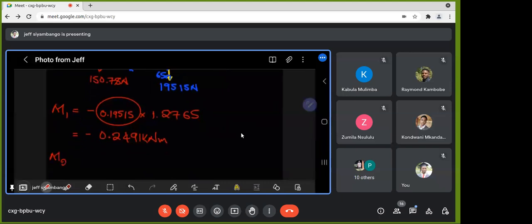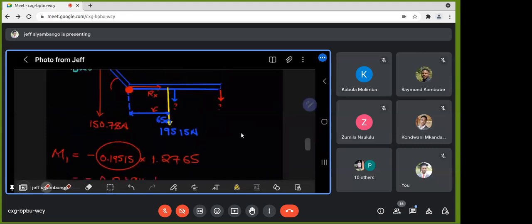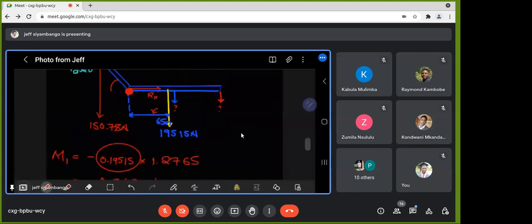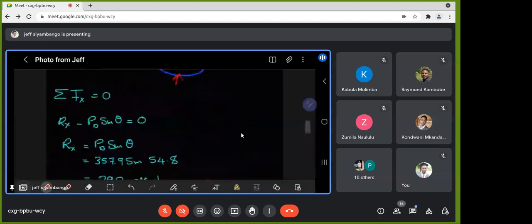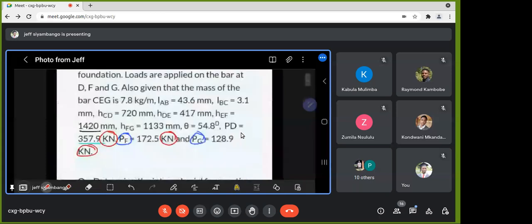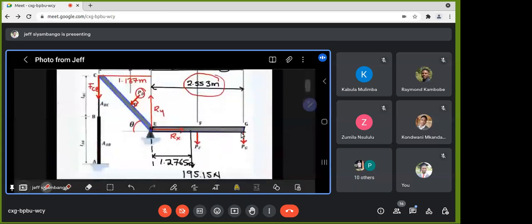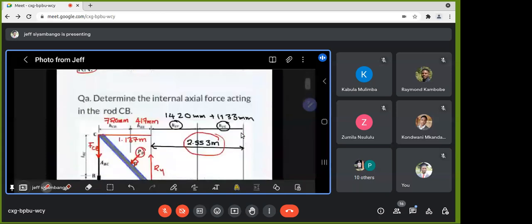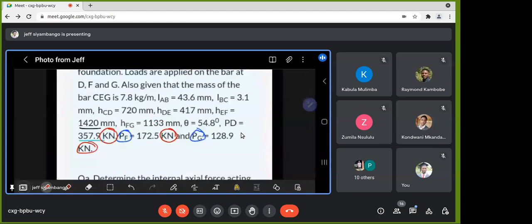Moment 2. Let me get the moment due to this force here. What was this force? This was the force at F. Yes, the force at F, PF, is 172.5 kilonewtons.